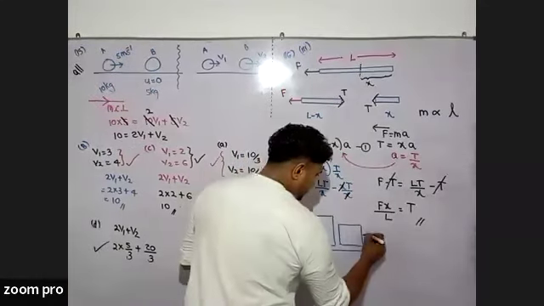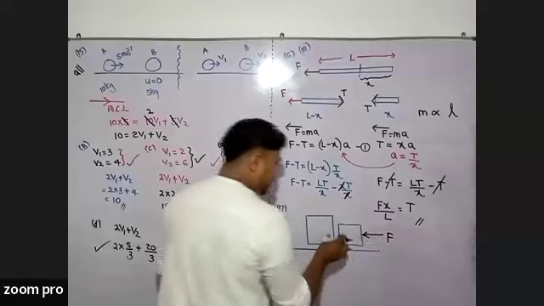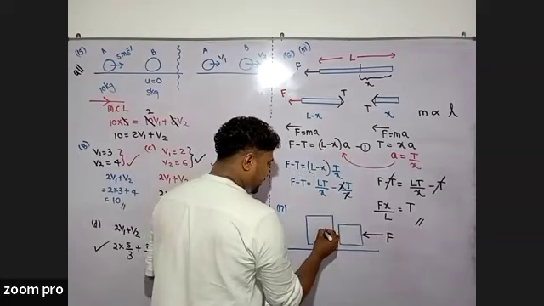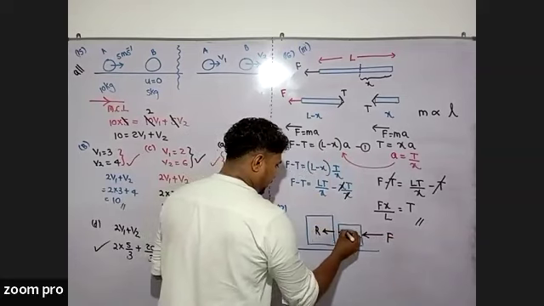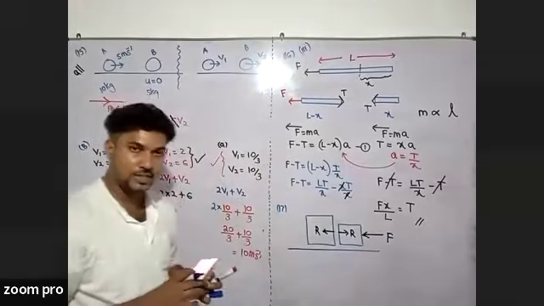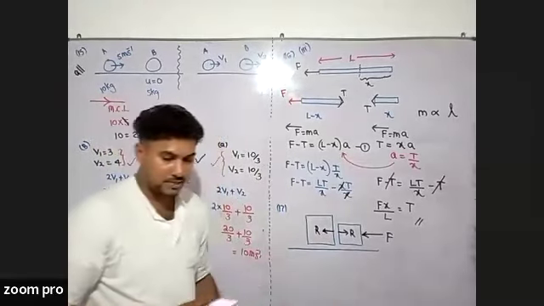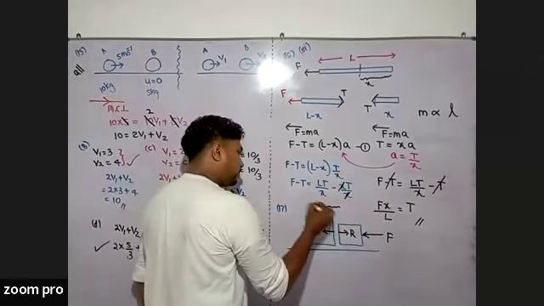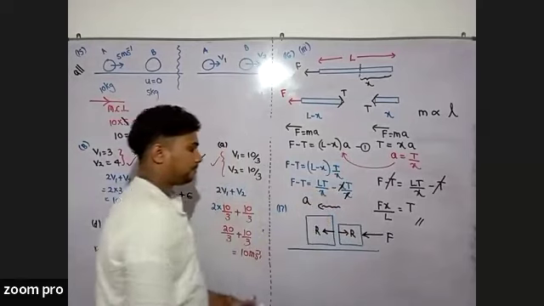This object experiences a capital F force, and due to the contact between these two surfaces, it exerts a normal reaction. Let's call it R. So the question is also asking about the reaction force between the masses. So that means this R, right? Both objects move with the same acceleration, right?